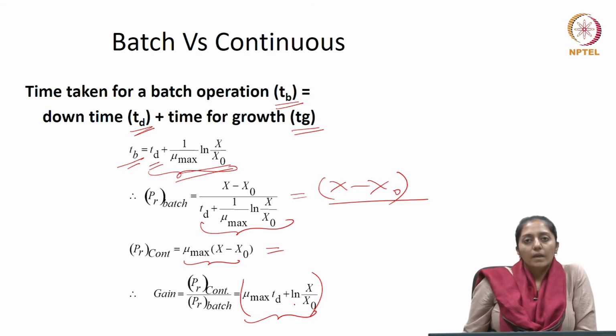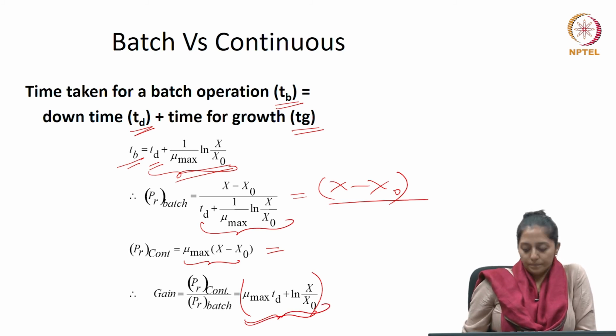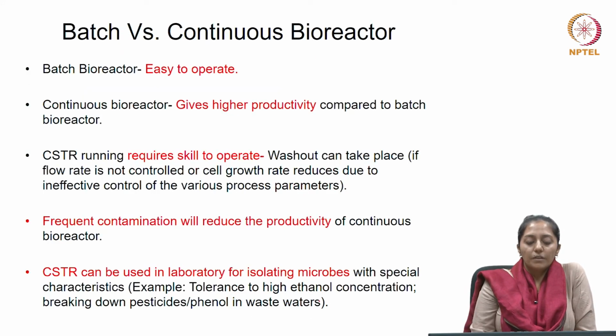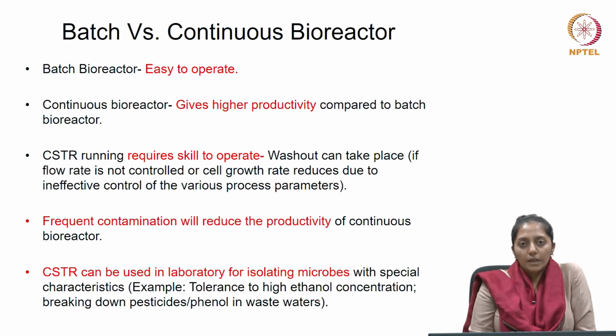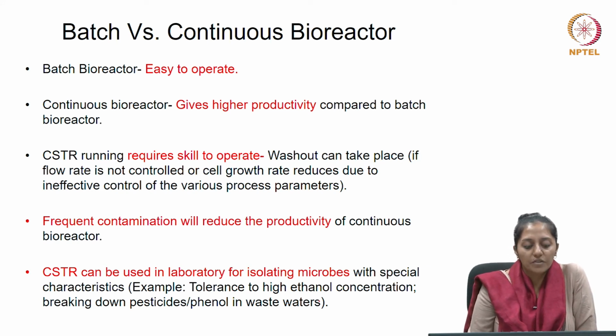So, this in a way proves that the productivity in a continuous reactor is higher than in batch by this much fold. Comparing batch versus continuous reactors, batch reactors are easy to operate, while continuous reactors give higher productivity as compared to batch reactors. Continuous reactors require skill to operate.